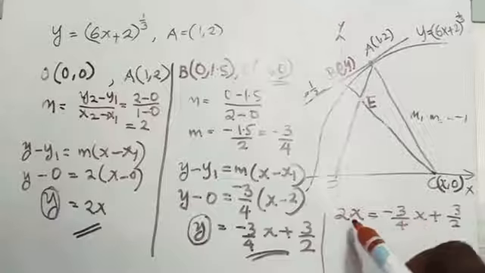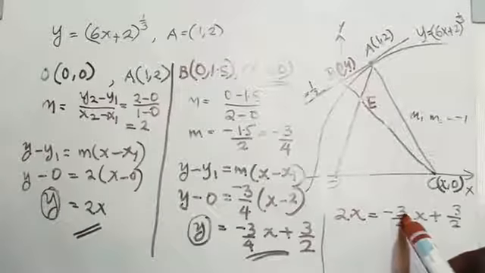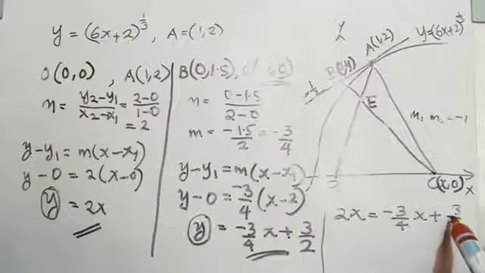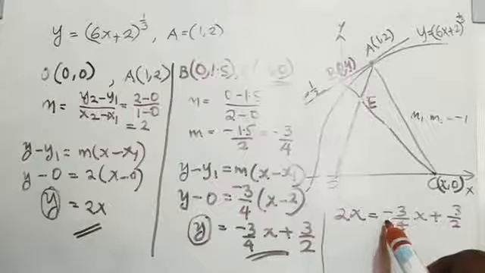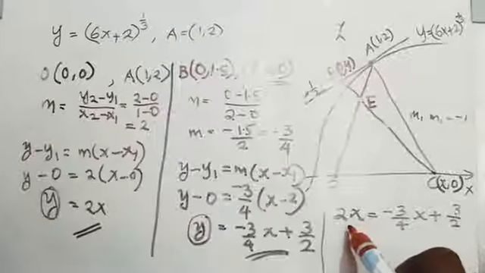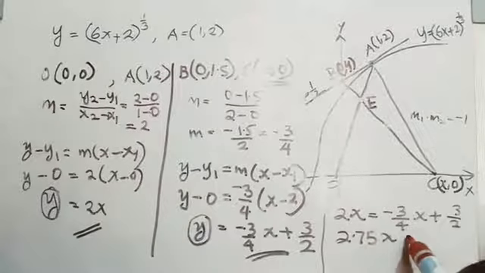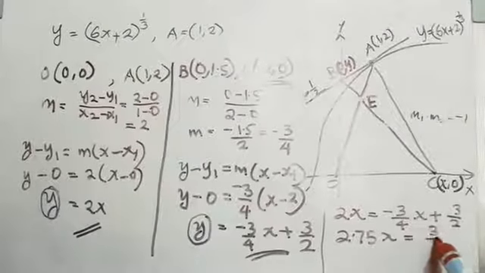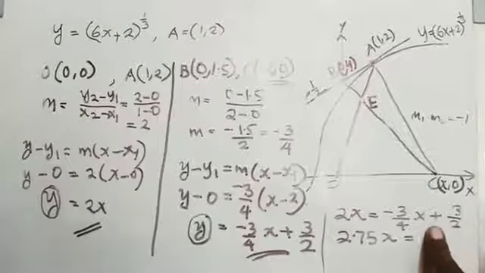When you arrange the terms of x on one side, we get 2x plus 3 by 4x is equal to 3 by 2. What is 2x plus 3 by 4x? That is 2.75x is equal to 3 by 2. 3 by 2 is also the same as 1.5.